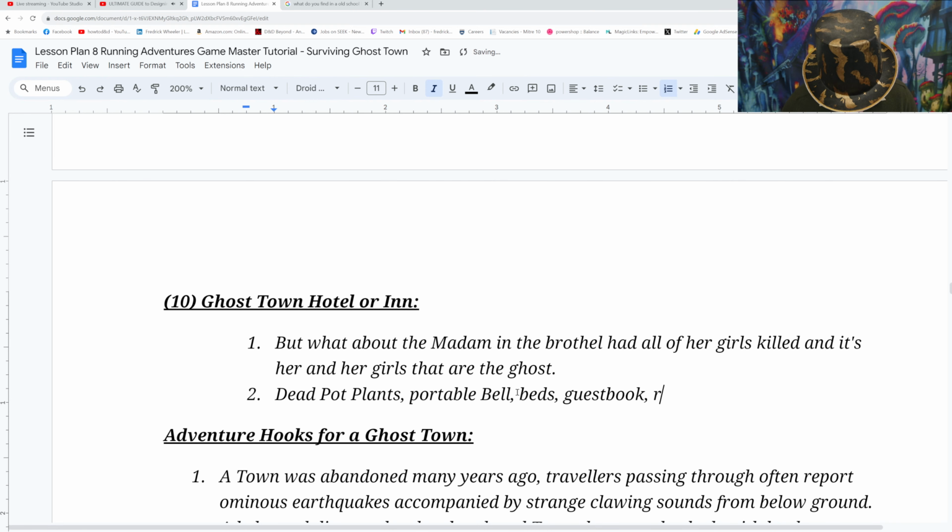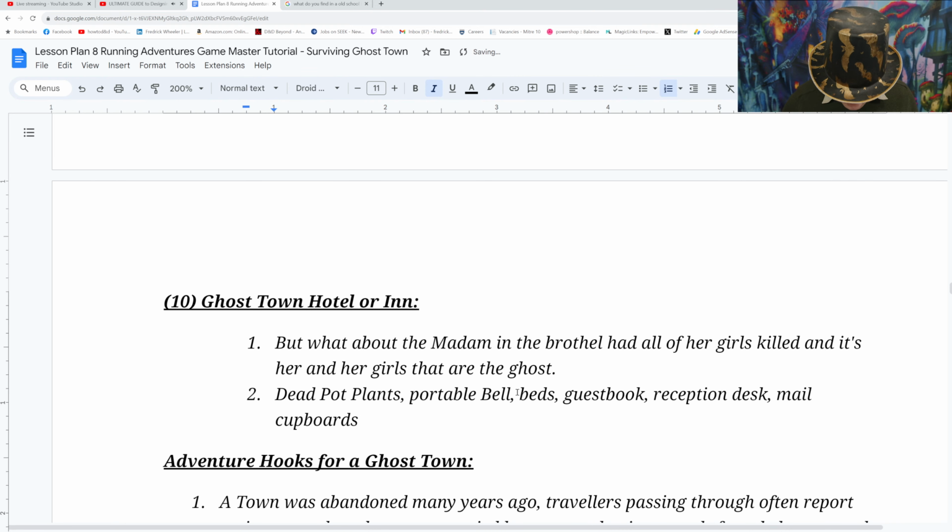Let's go reception. Reception desk. Mail cubbies. Mail cupboards. Yes, what was it?